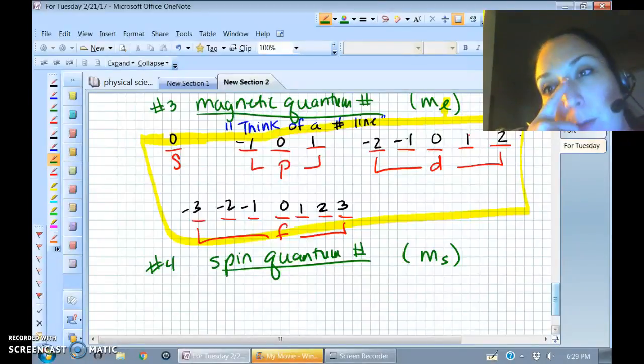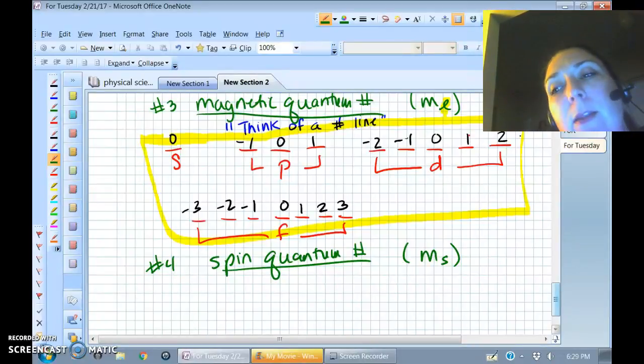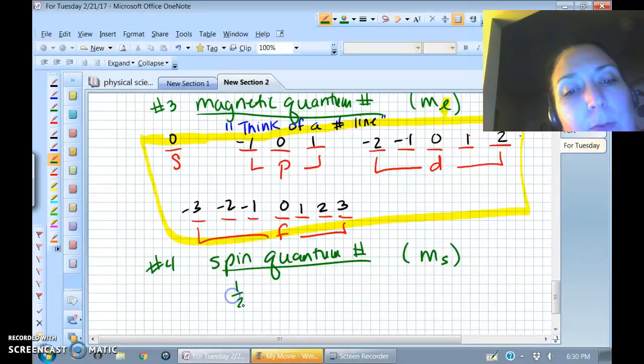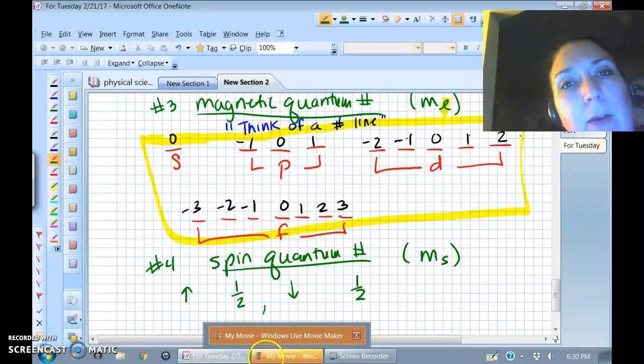But when we're doing our quantum numbers, we're only speaking of 1 electron. So we're speaking of 1 of the 2 electrons in an orbital. So if I'm speaking of 1 of 2, then the fraction for that is 1/2. And you guys know that the first electron we put in spins up, so it's an upwards arrow. And the second electron that goes into an orbital is a downward spinning arrow.